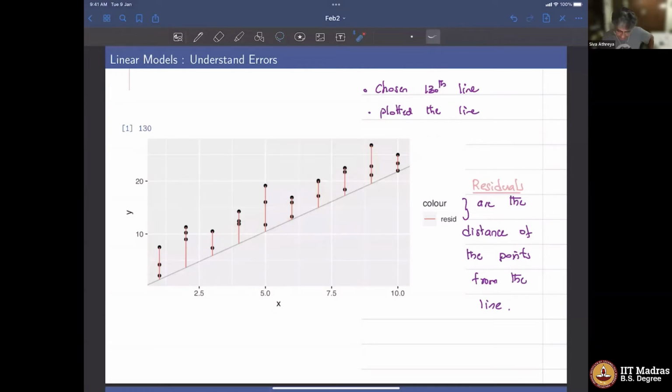So one criterion to find a good model could be to minimize the distance.